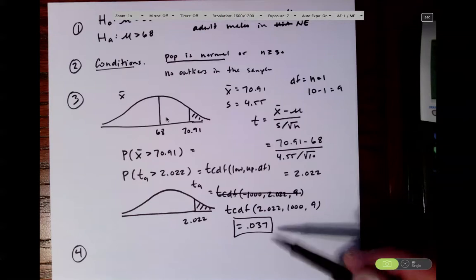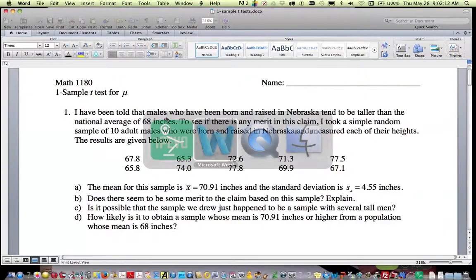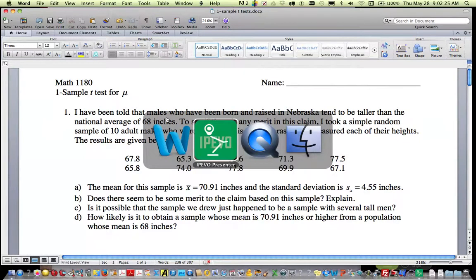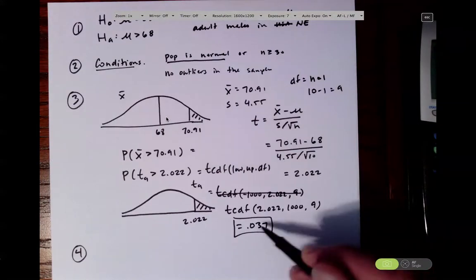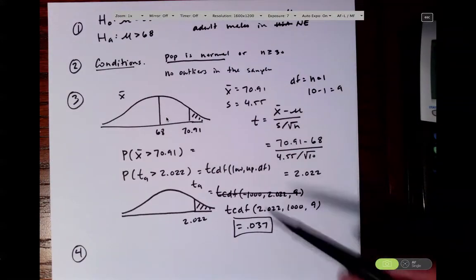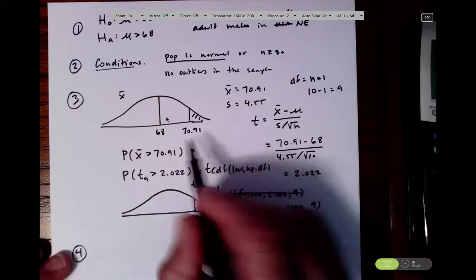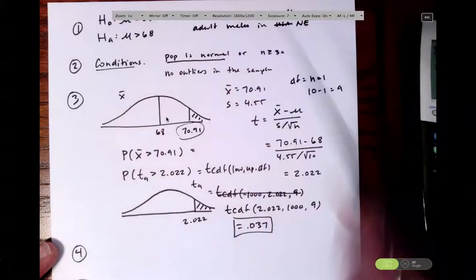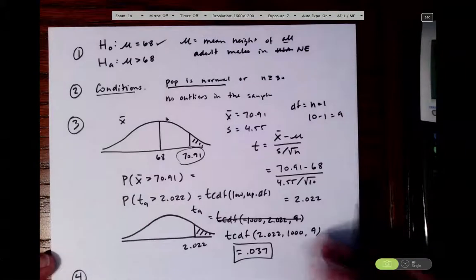This probability is really answering the question that was asked back here on part D. How likely is it to obtain a sample whose mean is 70.91 inches or higher from a population whose mean is 68 inches? So this 3.7% is the probability that we're going to get a sample mean that is this high or higher if the null hypothesis is true.